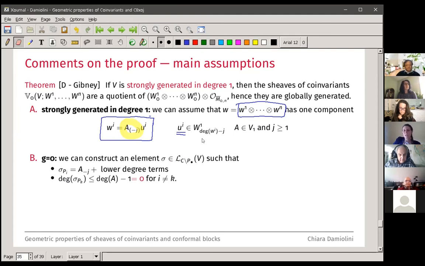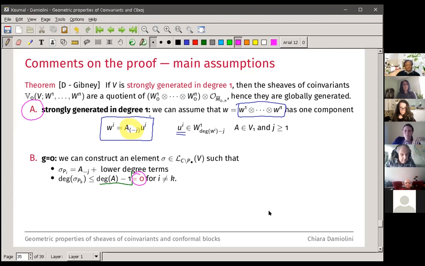But remember, A had degree 1, and so it's actually less than or equal to 0. So genus 0 essentially stops here. And of course, we need the strong finite generation to say that the degree is less than or equal to 0 for the other points.